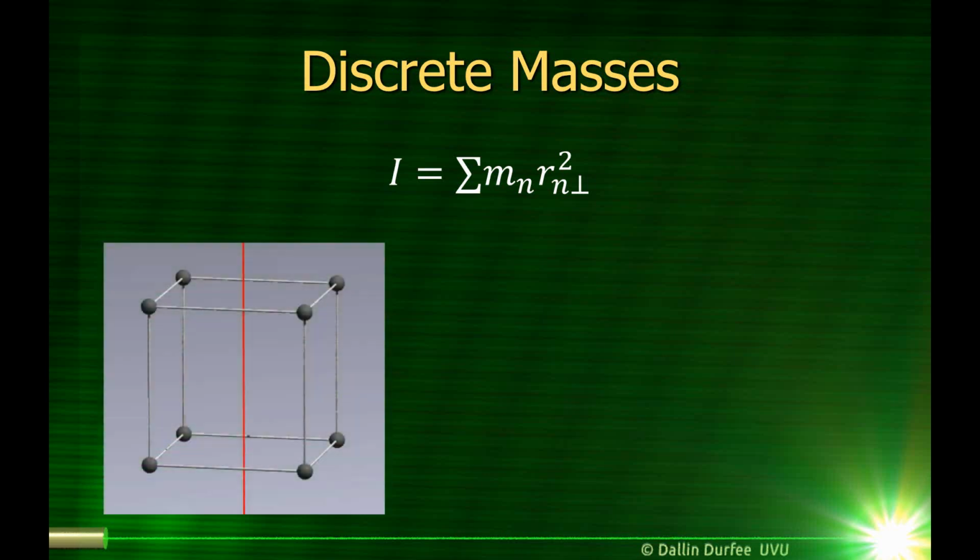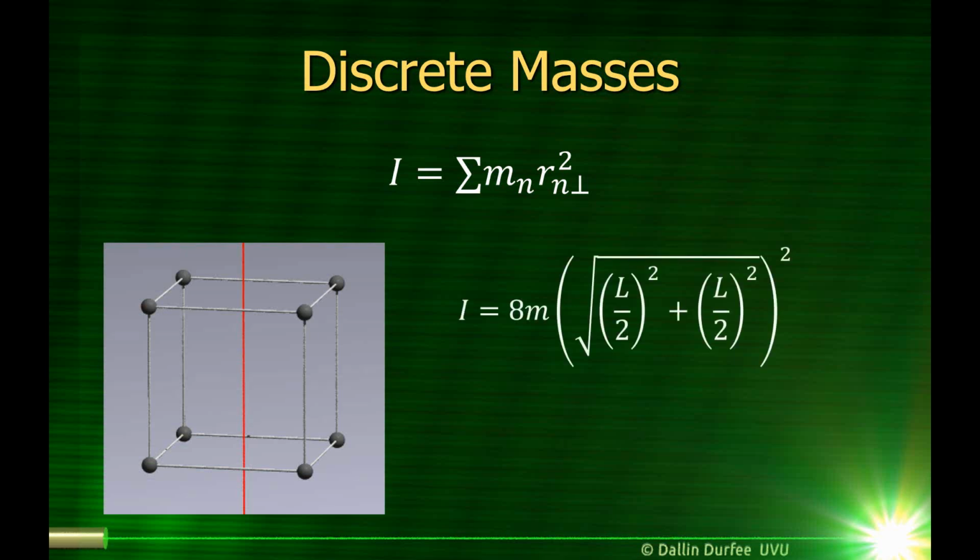So for example, this shape right here, if I wanted to calculate its moment of inertia about the red line, about the axis that is shown, well, I have 8 balls, but they are all the same distance from the axis. So the moment of inertia is just 8 times the moment of inertia of one ball. And the moment of inertia of one ball is just the mass of one ball times the distance of that ball from the axis squared.